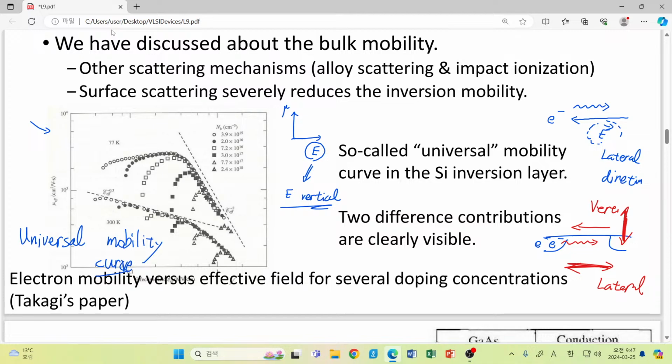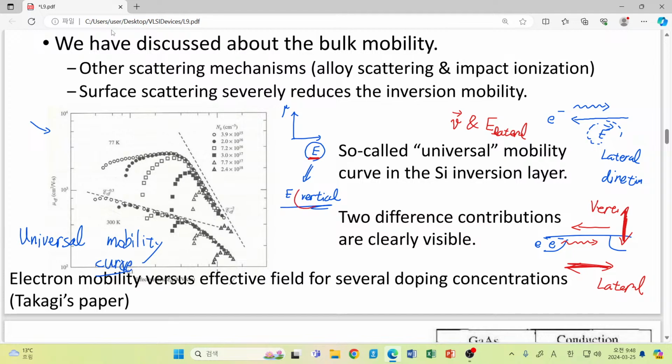But anyway, such terms are used frequently. Up to now we have thought about the velocity, and the relation between velocity and electric field, but that is the lateral component. But in this graph, when we say electric field, this is no longer the lateral direction.